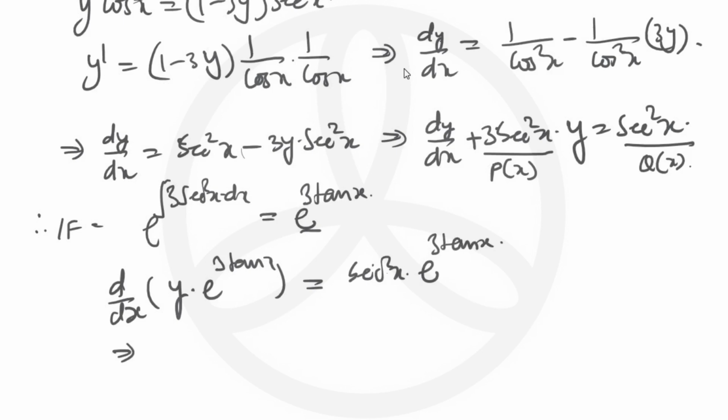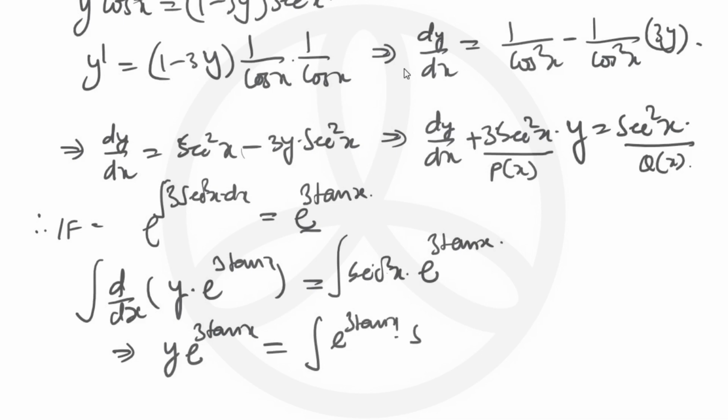Applying integration on both sides, this will give us y e to the power of 3 tan x equal to the integration of e to the power of 3 tan x secant square x dx plus a constant c.